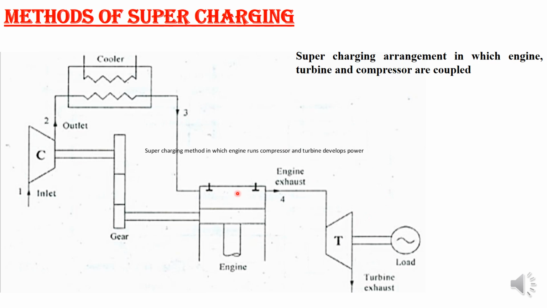In this engine, one limitation is that the thermal efficiency is directly related to the boost pressure, how much boost you can do. If the boost pressure is more, the thermal efficiency is also more. If the boost pressure is less, the thermal efficiency is also less. This boost pressure ratio will be reduced at lower loads or part load condition, so the thermal efficiency might be less.